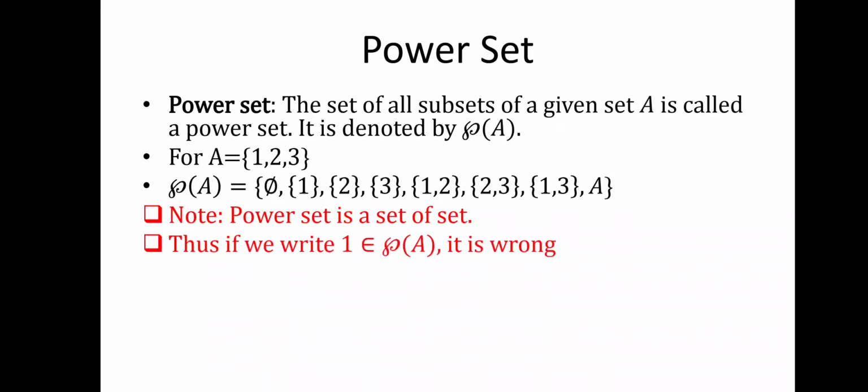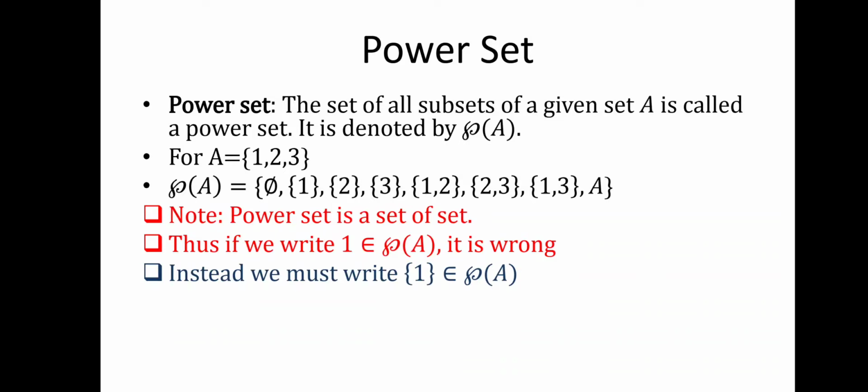The first thing is that if I write 1 belongs to power set of A, it is wrong. Why? Because 1 is just a normal element. A power set cannot contain only elements, right? Because it is a set of sets. So instead of writing 1 belongs to power set of A, I have to write the singleton set {1} belongs to power set of A.